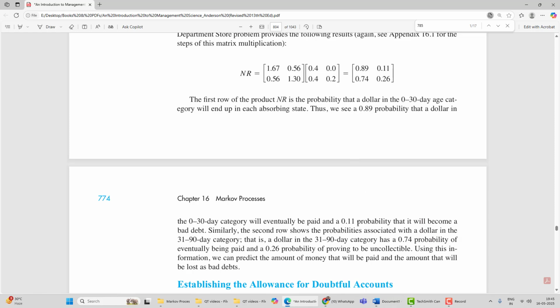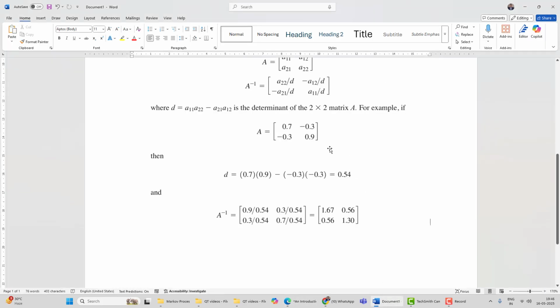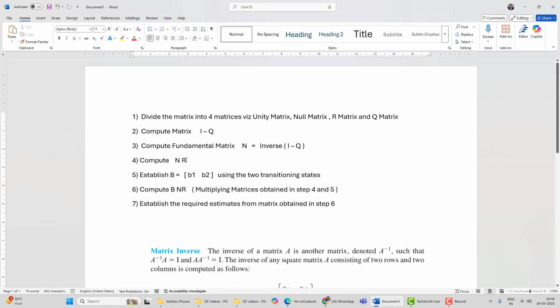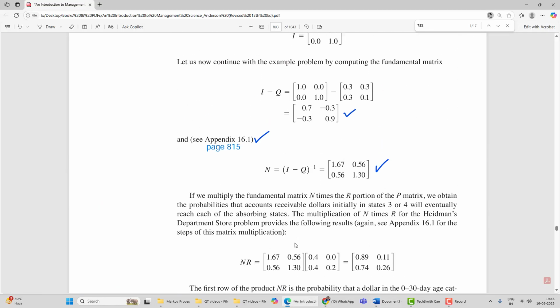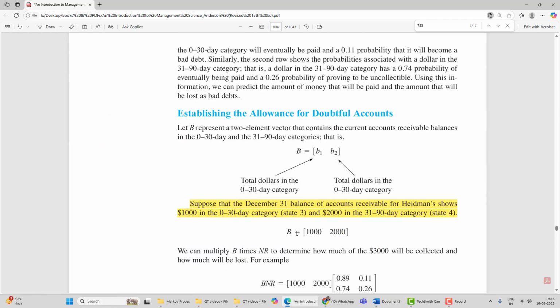Now the next step is to establish B. We have come up to this NR. Now establish B, and they have already given us B as 1000 and 2000, which is the current state of your accounts. 1000 is the 0 to 30 day category receivables, and 2000 is the 31 to 90 days category.